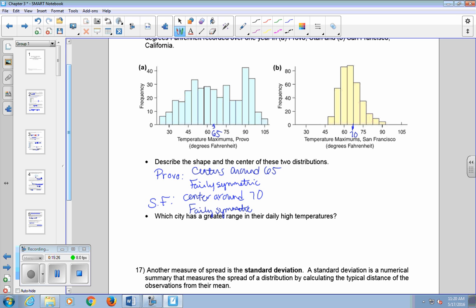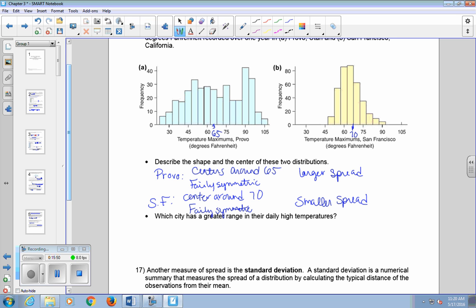And then we also might be interested in how spread out their temperatures are. And so it looks like Provo has a larger spread. And San Francisco has a smaller spread.